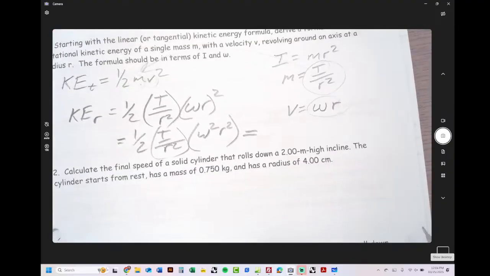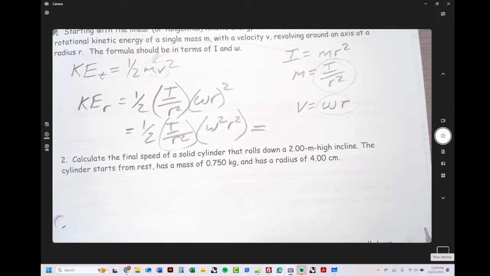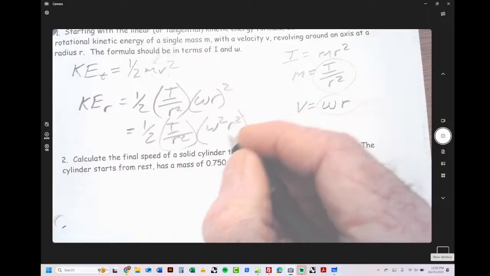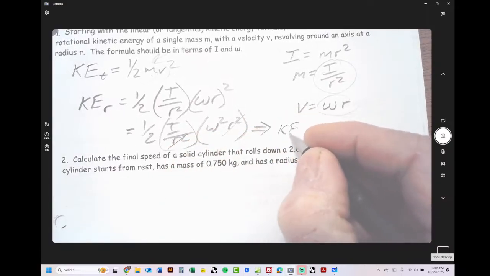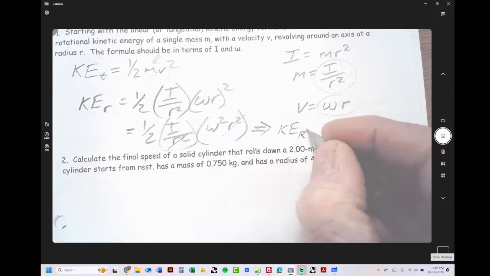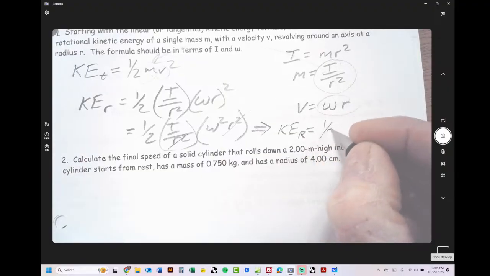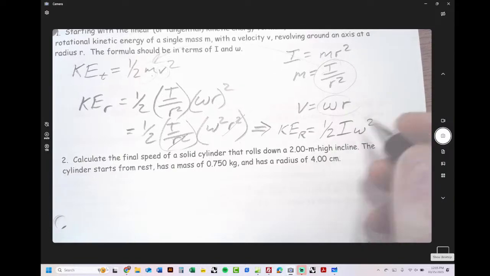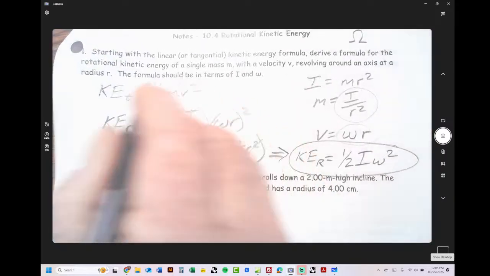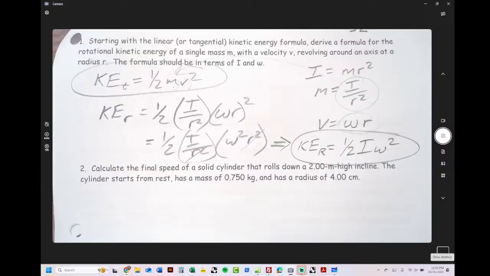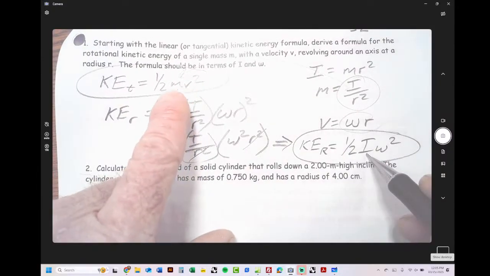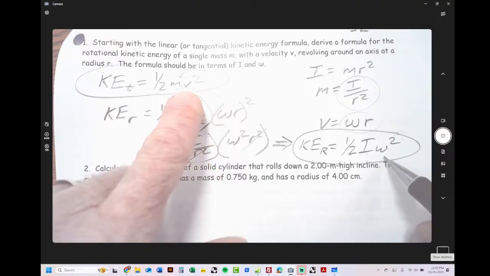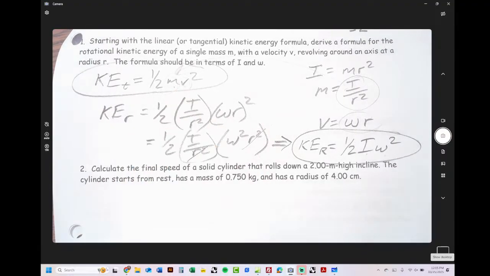And what should I do with that to clean it up a little bit? Cancel out the r squared. Get rid of the r squareds. So we have Ke rotational equals 1/2 I omega squared, which is kind of what you would have thought it would be. I is the rotational version of mass, and omega is the rotational version of velocity.